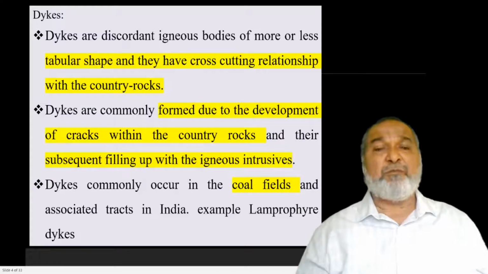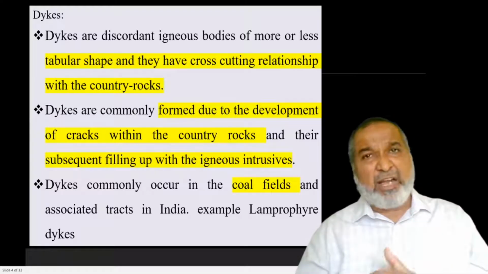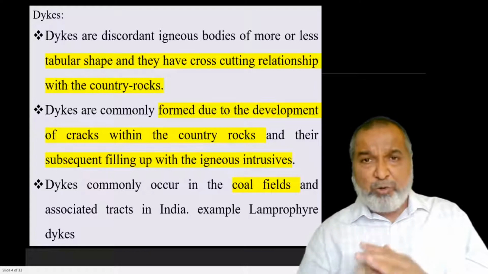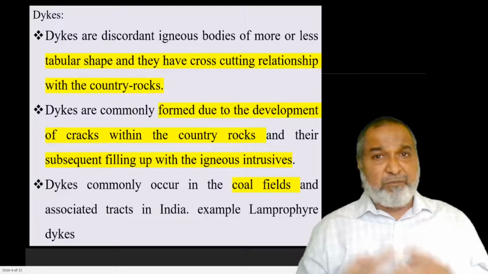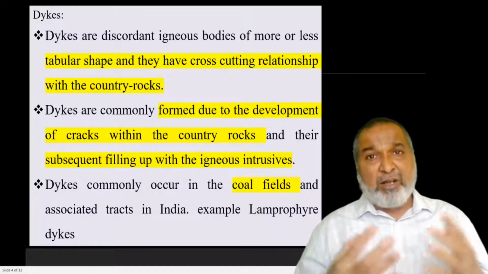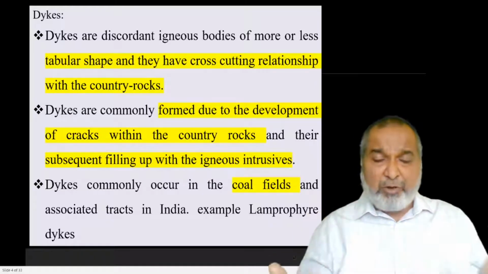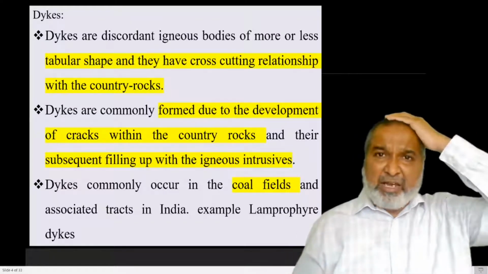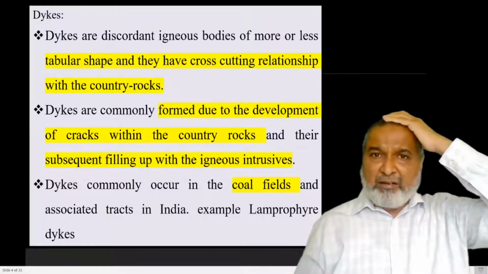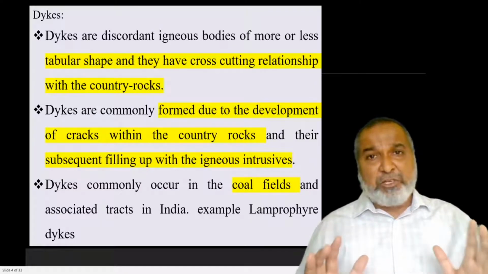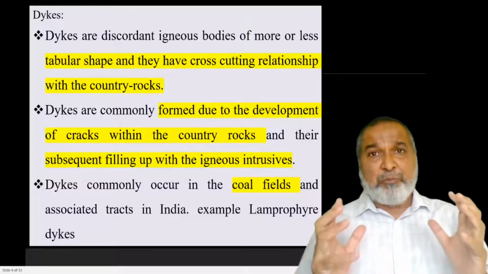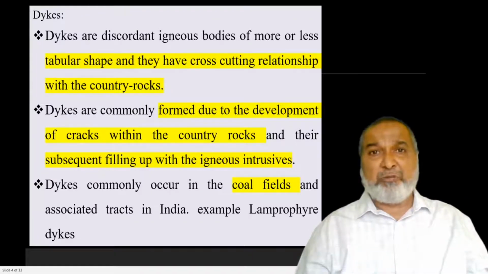Dikes are commonly formed due to the development of cracks whenever pressure comes from the lower side, when the magma pressure and temperature conditions increase, and if those conditions are not sustained by the country rock above. For example, if you have a 10 kg load on your head, for 1 minute, 2 minutes, 3 minutes, 5 minutes, whatever your patience allows, you bear that load. But once the pressure starts paining you, then slowly you shift.